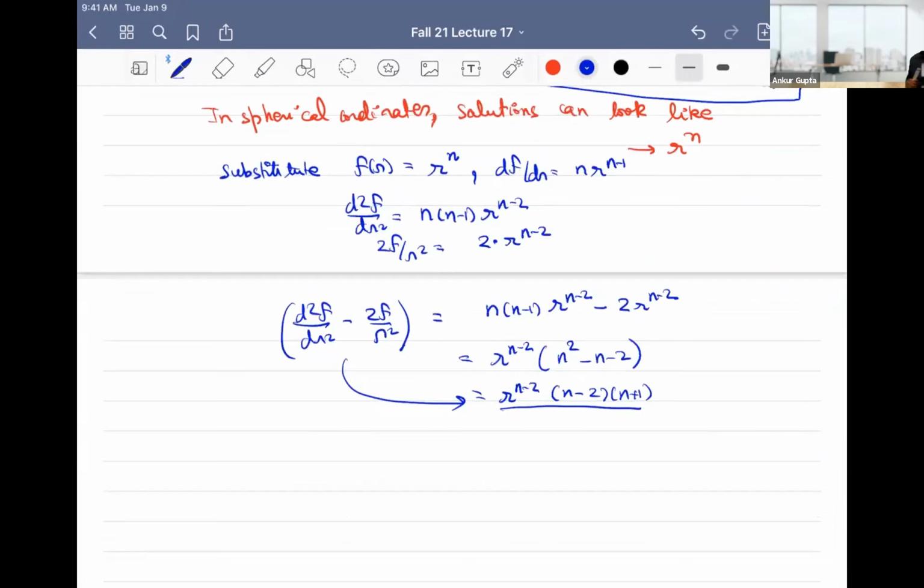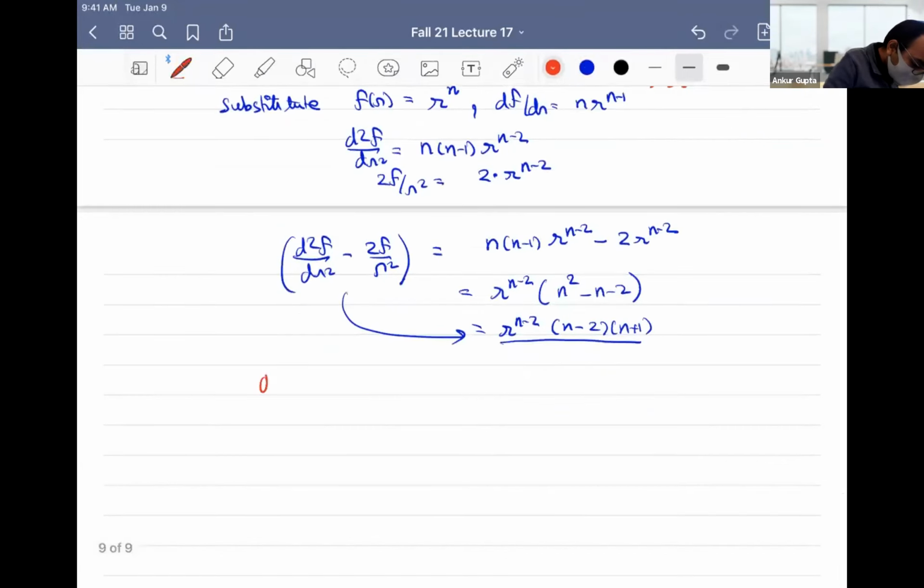So let me put it like this. You can imagine that now I have to do d square by dr square minus 2 by r square on the governing equation, and this is r to the power of n minus 2, n minus 2, n plus 1, right?